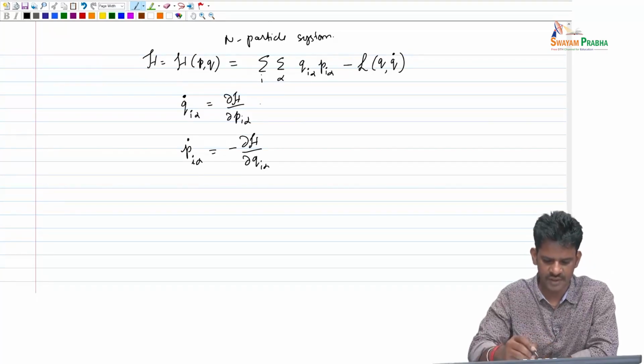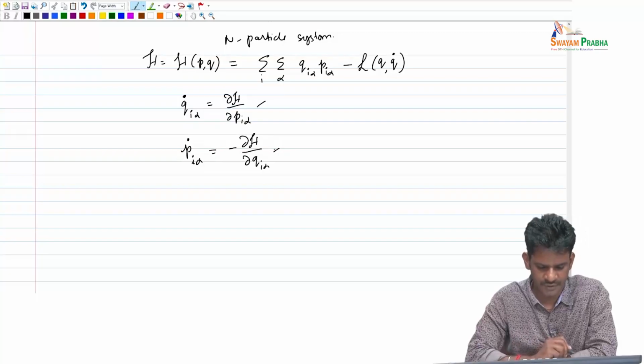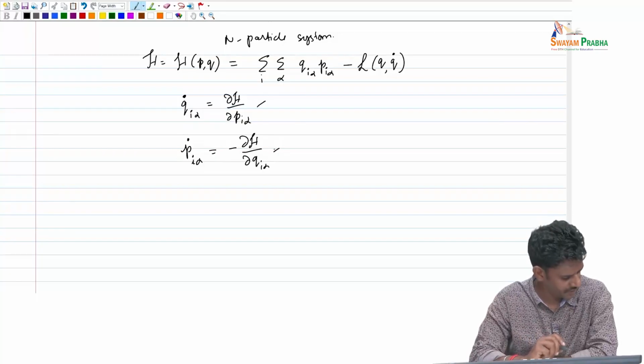These are the Hamiltonian equations of motion for an n particle system.